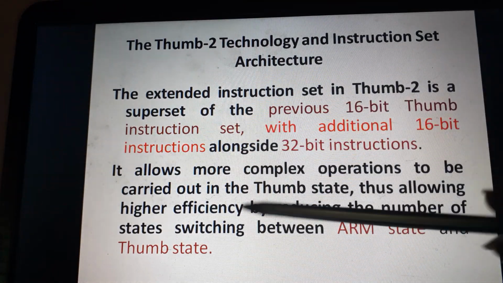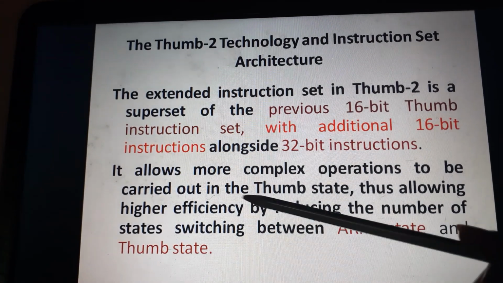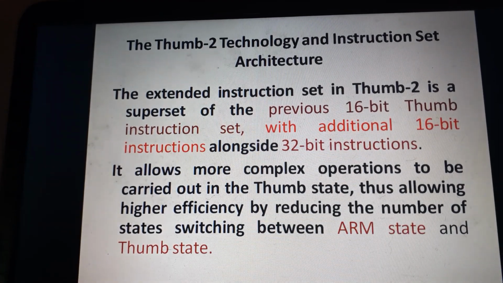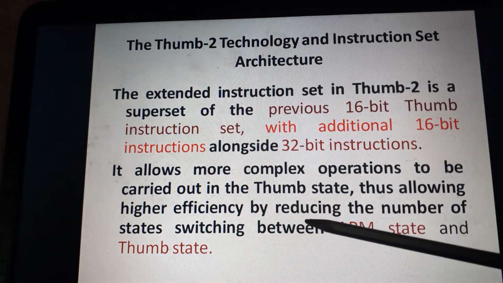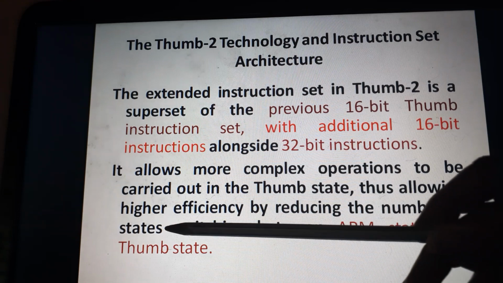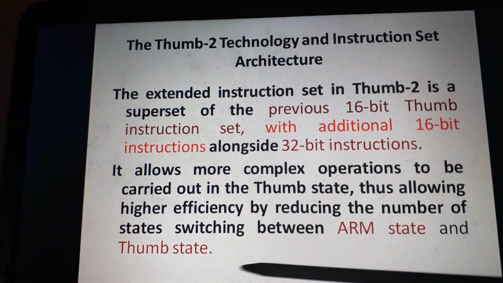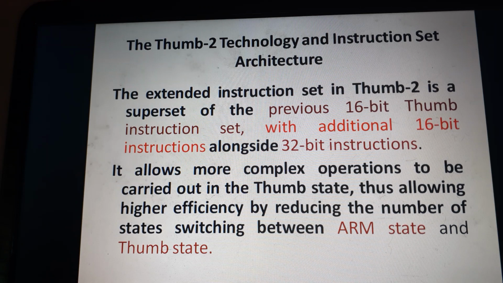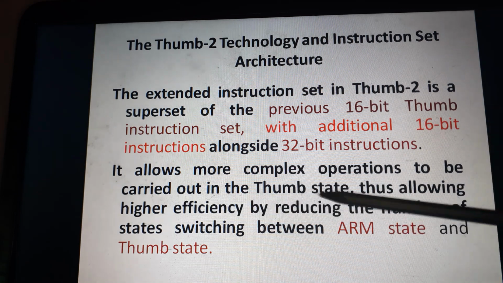It allows more complex operations to be carried out in the Thumb state, thus allowing higher efficiency by reducing the number of state switches between ARM state and Thumb state. Because Thumb 2 technology consists of 32-bit Thumb instructions and some decision making instructions also, more complex operations can be carried out in the Thumb state itself.